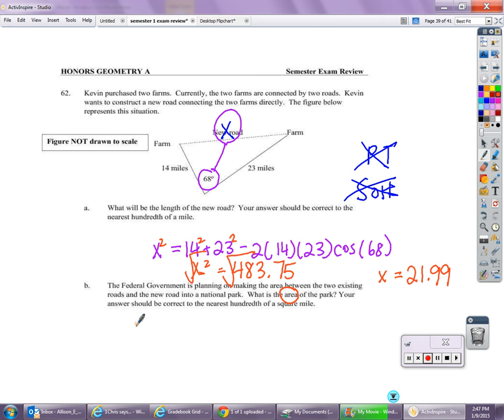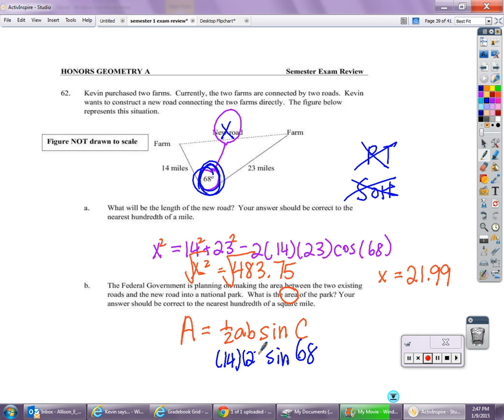In the front of your packet, there's some formulas, and there's a formula that says area equals 1/2 AB sine of angle C. So the angle in this picture is 68, so that's what I'm going to put for my C. A and B are my leftovers, my 14 and my 23, and for the 1/2 I'm going to put 0.5 in my calculator. So I'm doing 0.5 times 14 times 23 times the sine of 68, enter. I get the area to be 149.7.